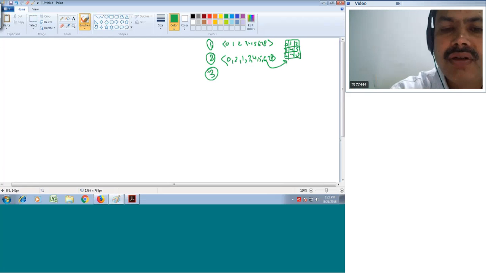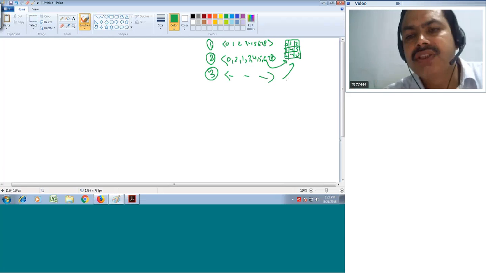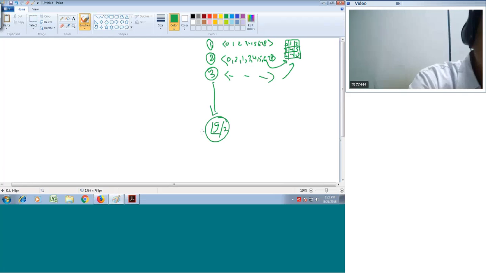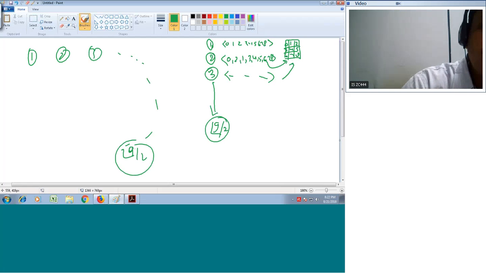What is the third? I write anything and create this board position. Similarly, factorial 9 by 2 number of states I can create. So let me write first, second, third, all the states, factorial 9 by 2. Then what action can I take?